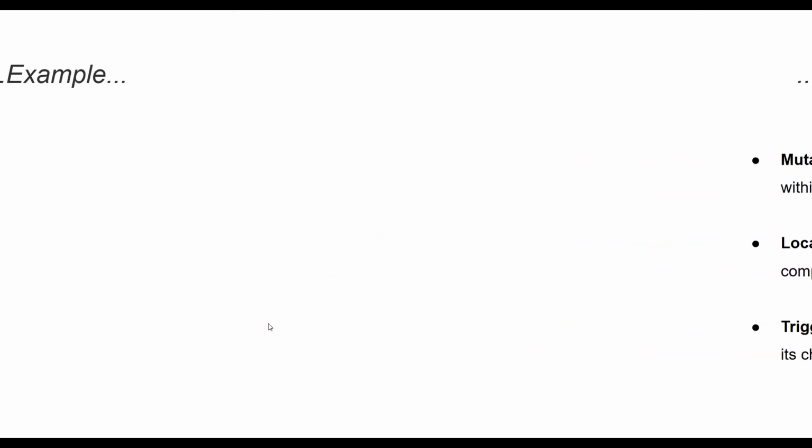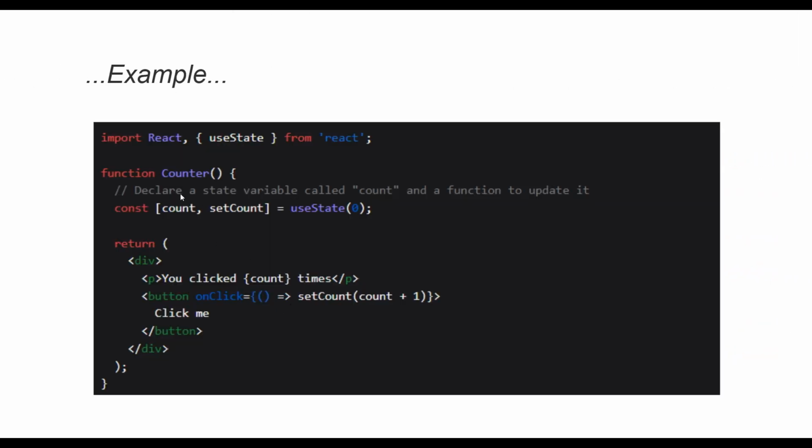So for example, if we take a look right here, we have a simple component, just like the component we have seen in VS Code. We have a function called counter, right? Right here we've declared a state variable. Then we assign it to this function called useState, and we assign a default value of 0, which is the initial value.